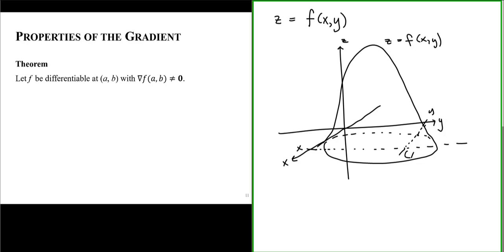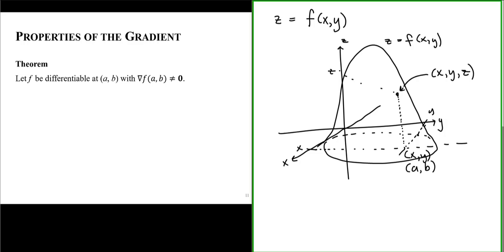This point in the xy plane will correspond to a position on our hill, on our three-dimensional surface, right there. So this point right here corresponds to the point x, y, and z. So if our function is differentiable at that point, and in this case, we'll say x and y is the point with coordinate values a and b.